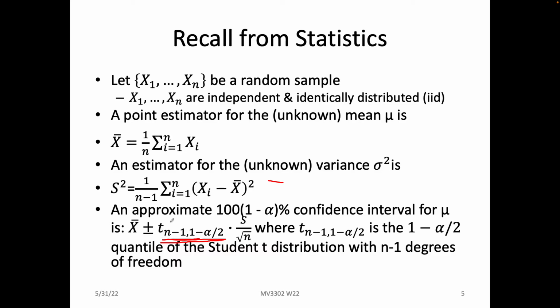Yeah, this is the student t distribution. But there's one additional assumption that has to be made for this to be valid. Do you remember what that is? Residuals are normally distributed. Exactly. In other words, the assumption is that our random sample is independent, identically distributed, and normal.